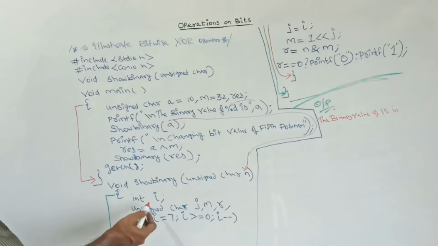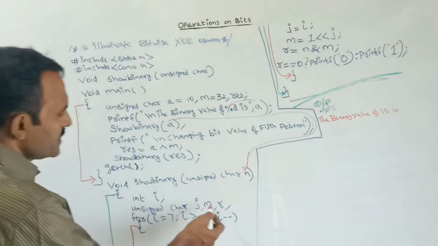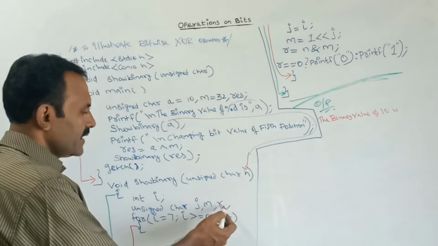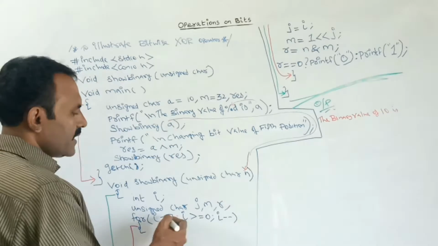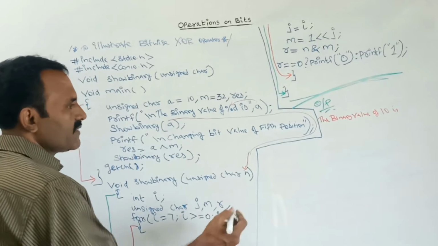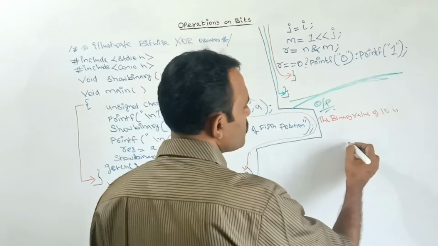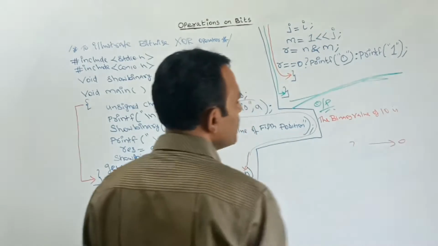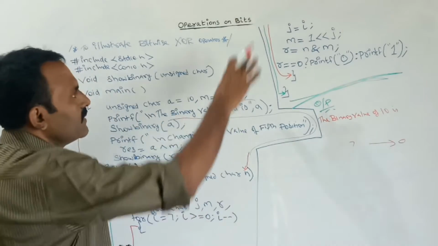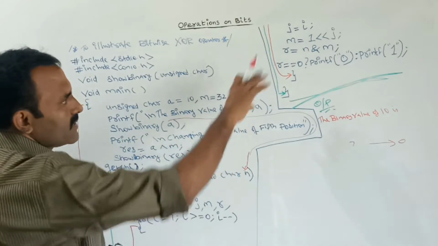Here I am using totally 4 variables: i, j, mask, m, and next result value. Here i is equal to 7 to 0, that is from the 7th position to the 0th position. Every bit value will be displayed by using this logic.